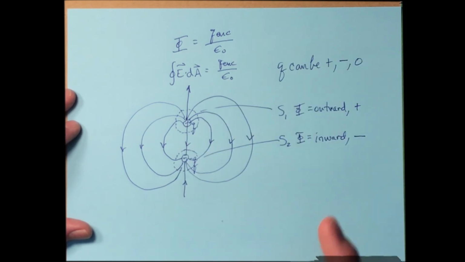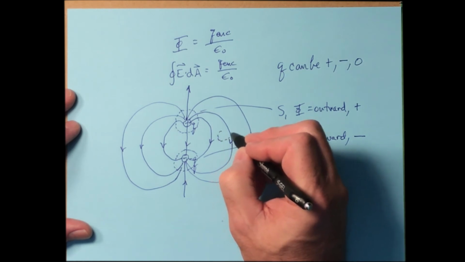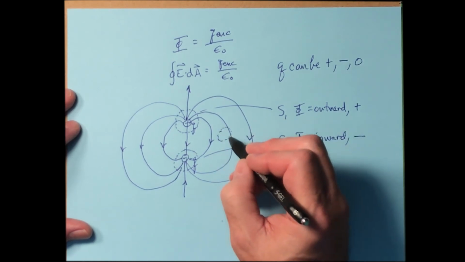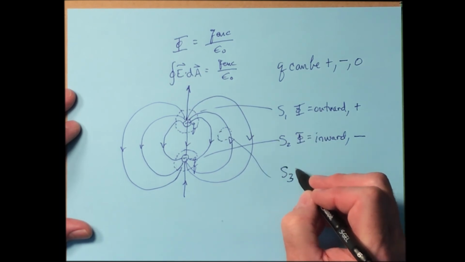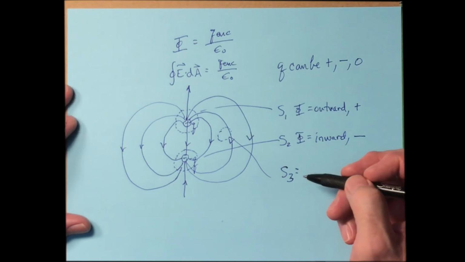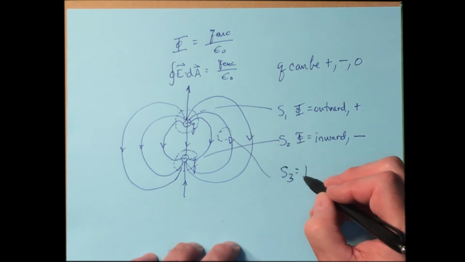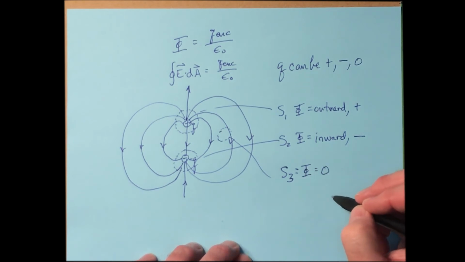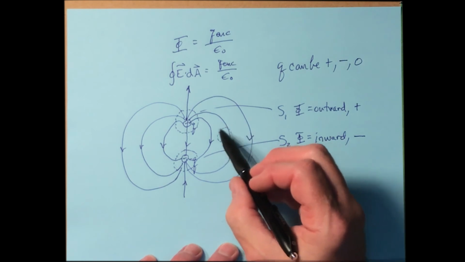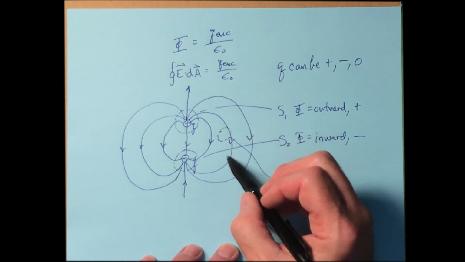Let's pick another example. I move my Gaussian surface, and now it's out there at position 3. Well, now what can you say about that? The flux is 0. If the flux is 0, then you've got just as many field lines going in as you do coming out.